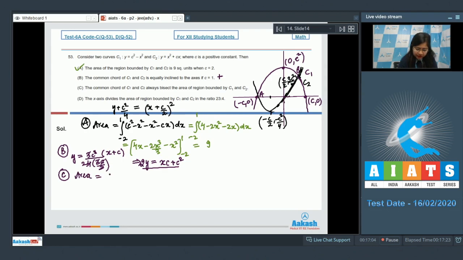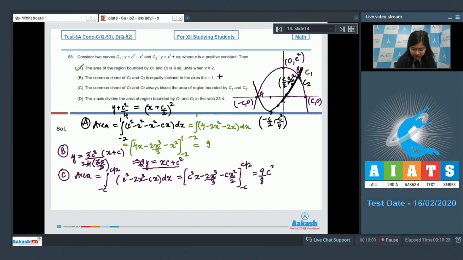Total area is equal to integral from minus c to c by 2 of the one we have found in option number A, that is c square minus 2x square minus cx into dx, that is c square x minus 2x cube by 3 minus cx square by 2, and the integral is from minus c to c by 2. So solving this, we will get it equal to 9 by 8 c cube. This is the total area.